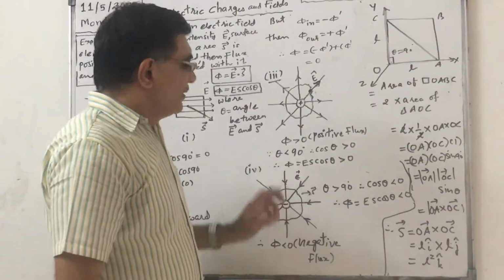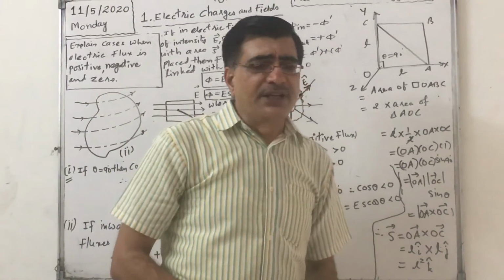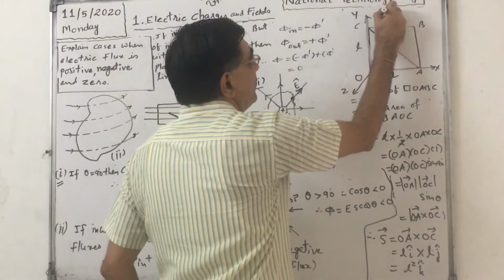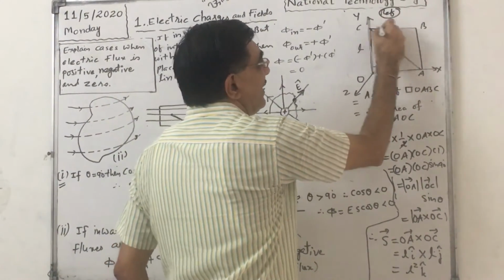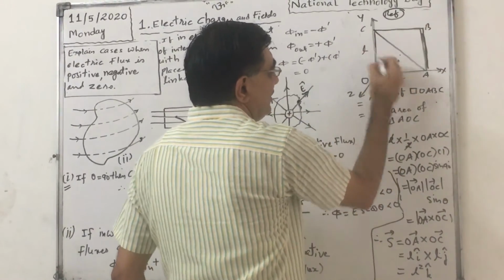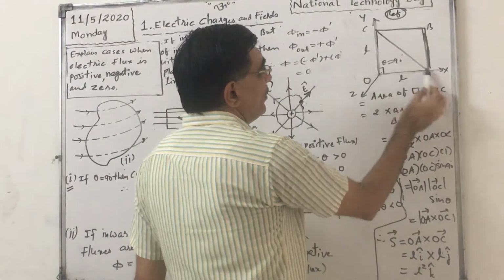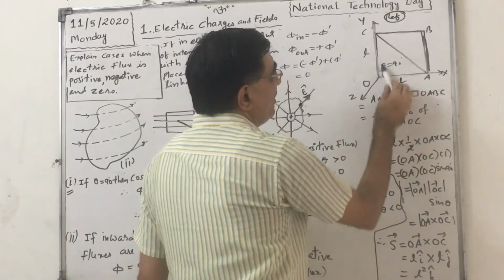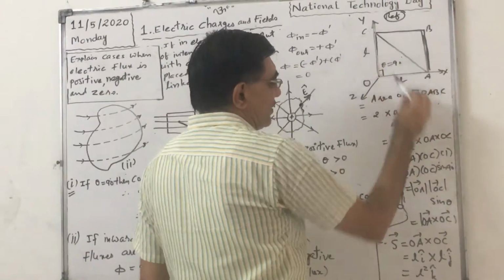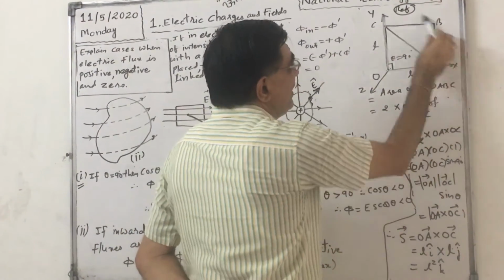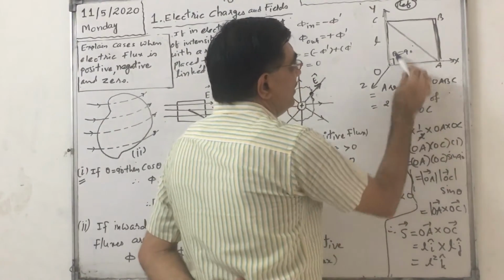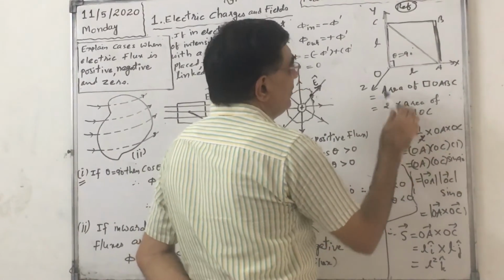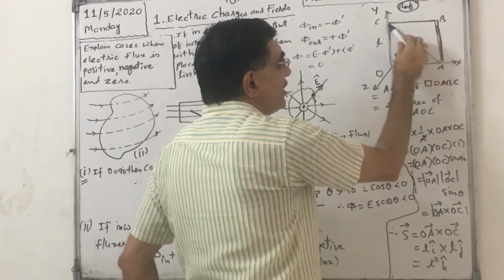Now, some students may think: how is area positive, when area is a vector quantity? That I explain now, just for reference. See, this is a square with side L. The area of OABC can be considered as 2 times the area of triangle AOC. The square's area is OA into OC, but for the triangle it is half OA into OC, and we multiply the triangle by 2 to get the square.